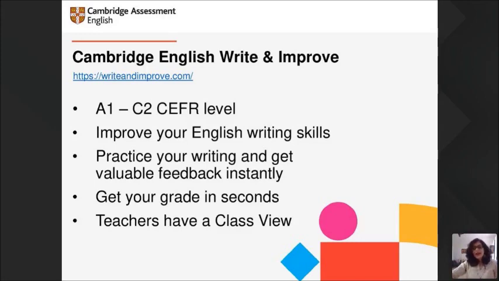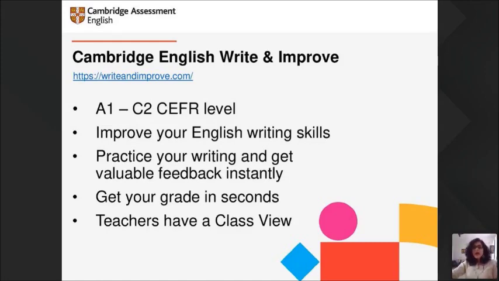It definitely improves your students' English writing skills, because the more you make them attempt the tasks, the more conversant they become with what is expected of them.